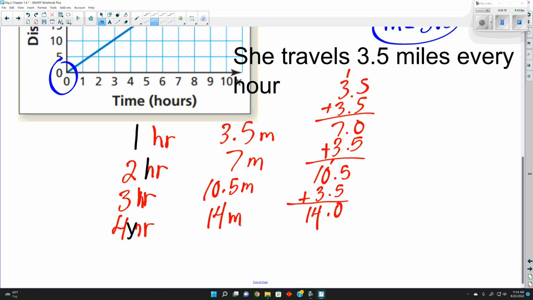So how long does it take her to travel 14 miles? 4 hours. So it takes her 4 hours to travel 14 miles.